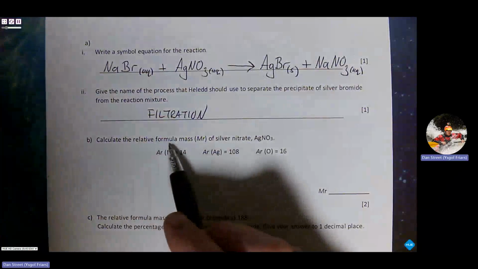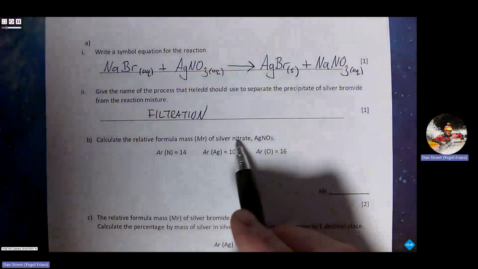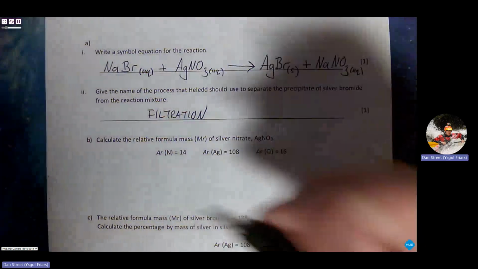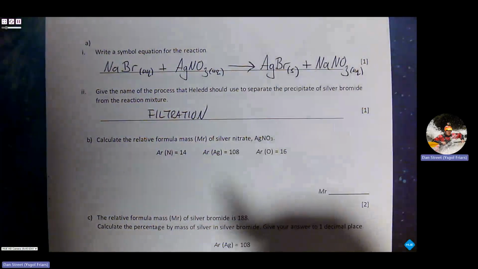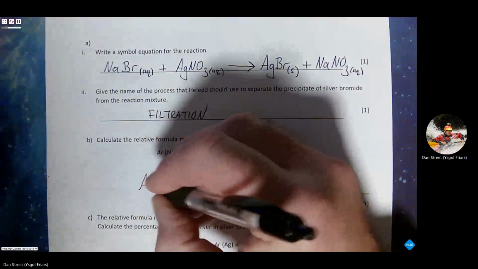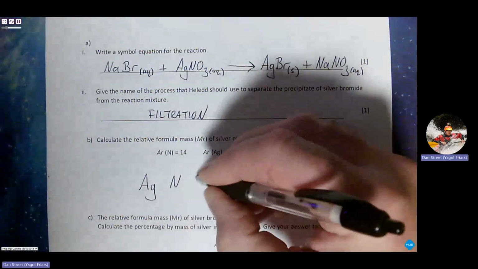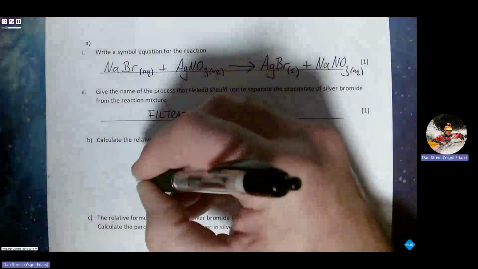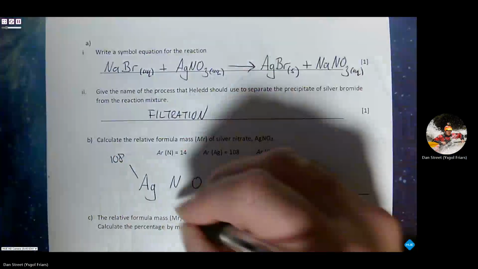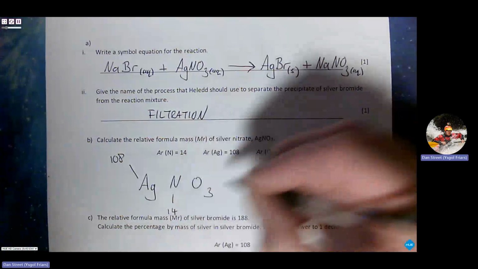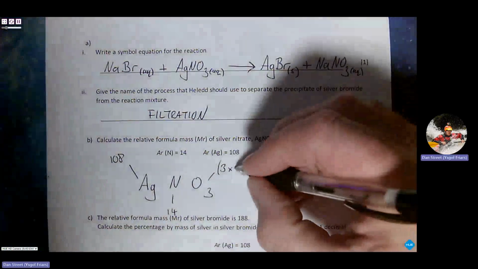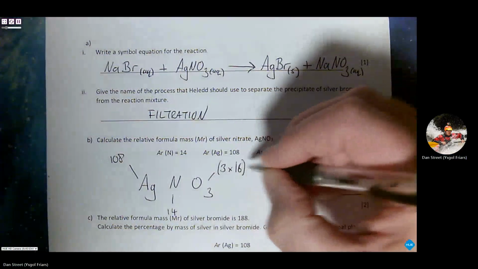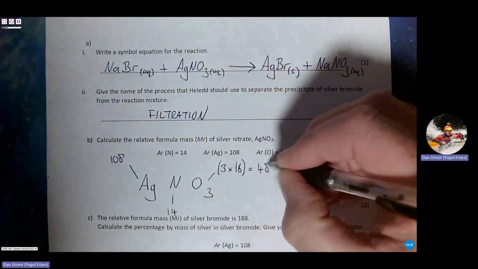Okay. Calculate the relative formula mass of silver nitrate, AgNO3. So in the question we're given the relative masses of the individual elements. So AgNO3. Ag weighs 108, N weighs 14, and 3 times 16 is 48.